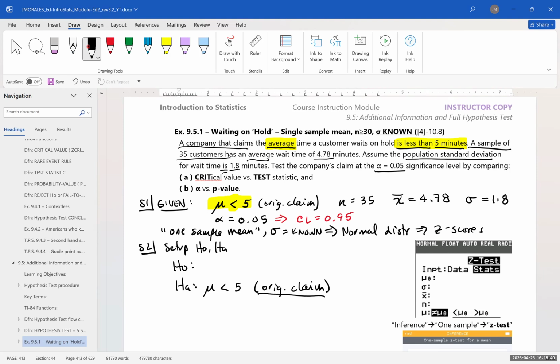So remember to write this down at the very beginning. Okay, so then our null hypothesis is going to have the same variable and value, mu and 5, but now we want to do the complement of less than. So that will be greater than or equal to.